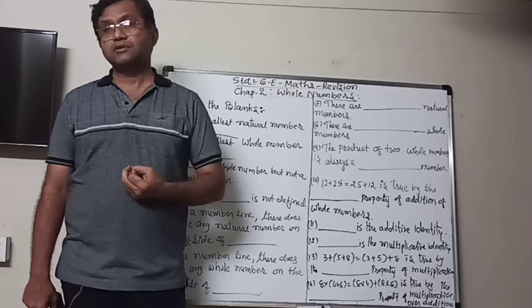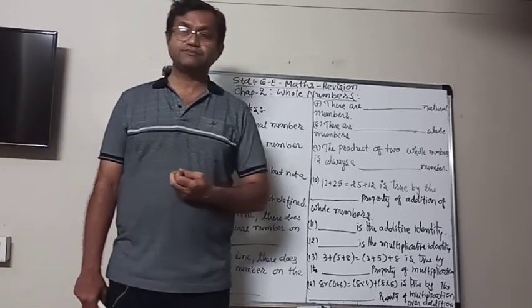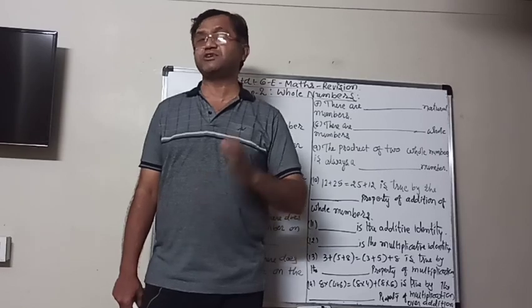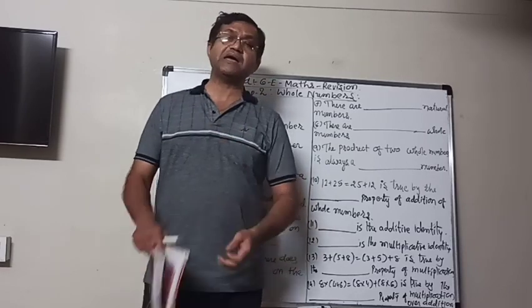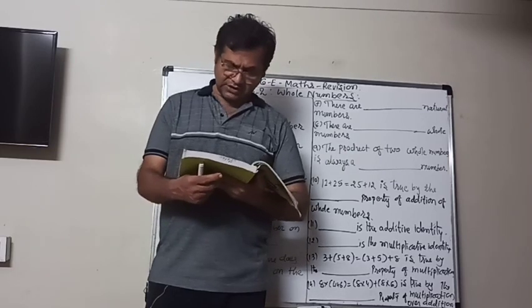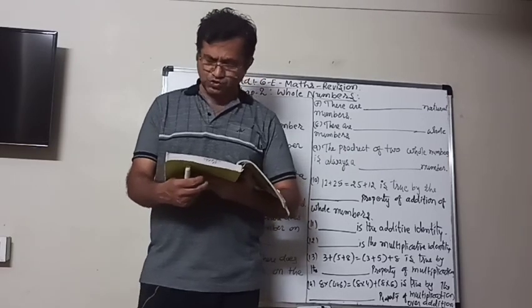Then on the number line we put 0 and then on the right side of 0 at the same distance we can put the numbers 1, 2, 3 and so on.